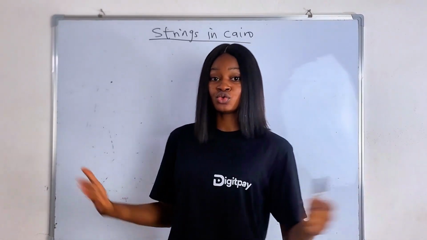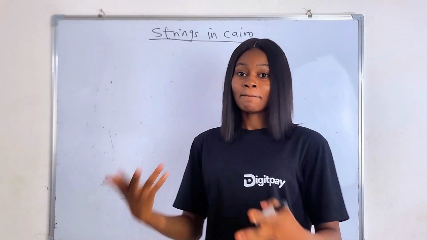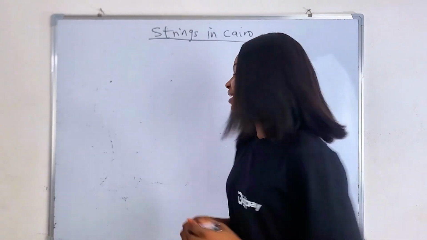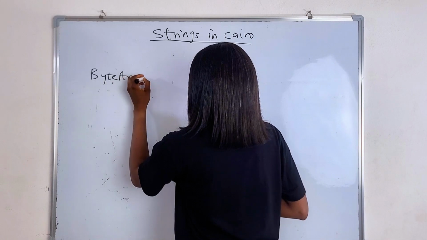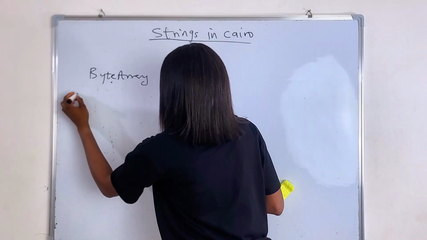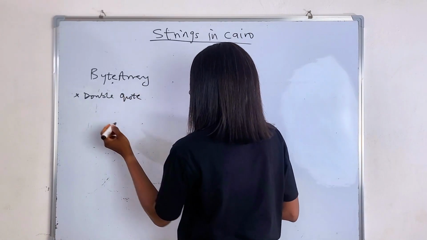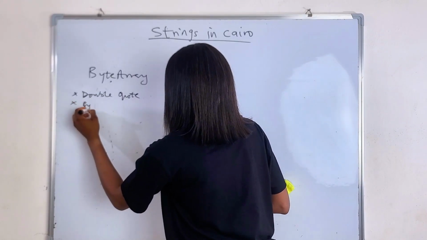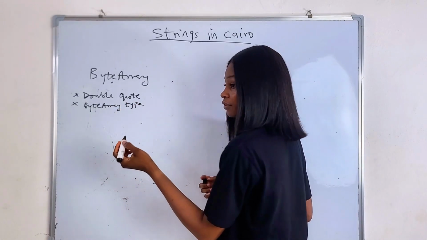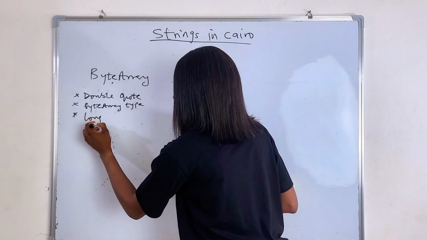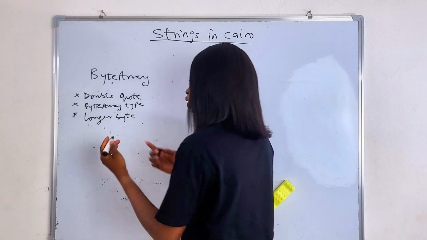But when you want to use strings that are a lot larger, then you can go for byte array. For byte array, it uses double quotes. It has a ByteArray type, native in Cairo, and it can contain longer strings.